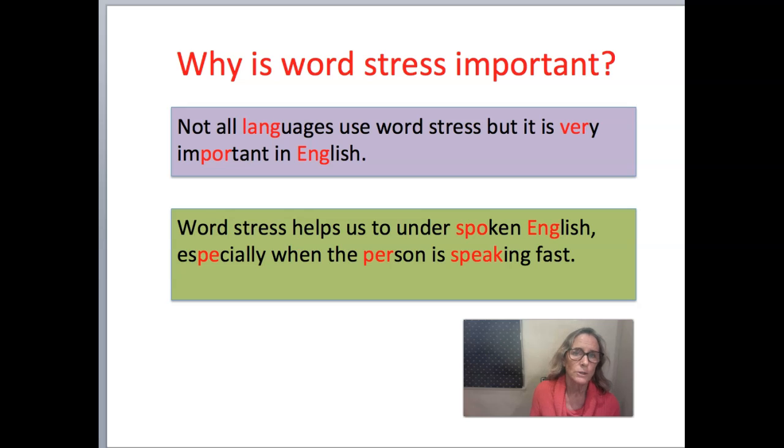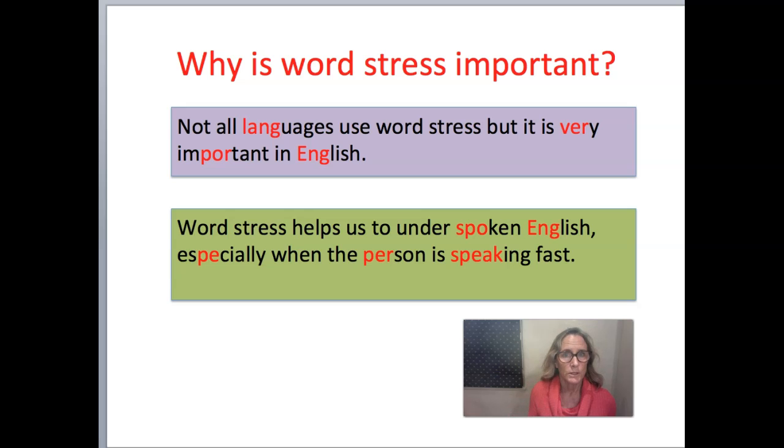Understanding word stress will help you in hearing someone who's speaking English, especially if they're speaking quickly or if you're on your cell phone and it's a bad connection. So the way that you can practice this is, like I've said before, practice reading English out loud for 5 minutes a day.